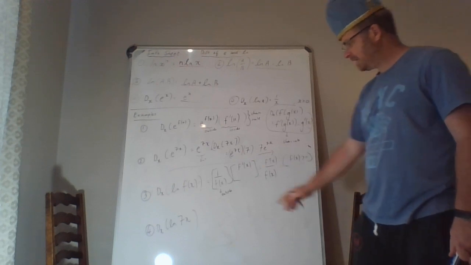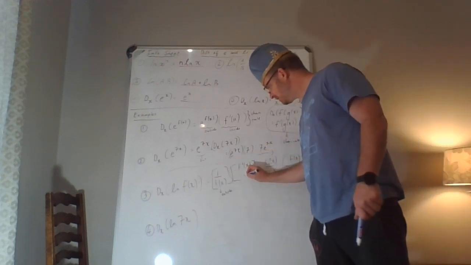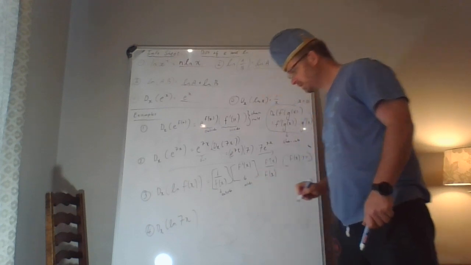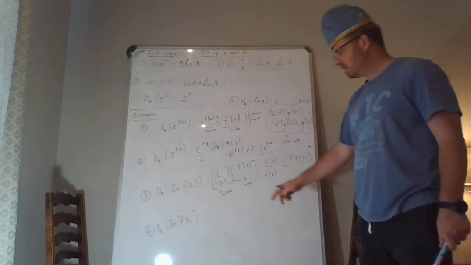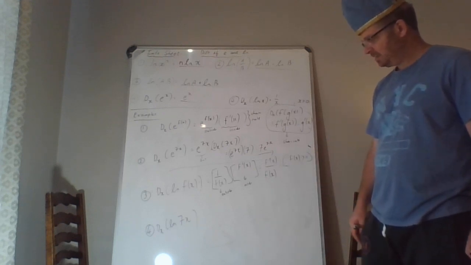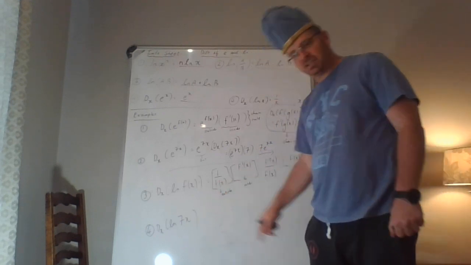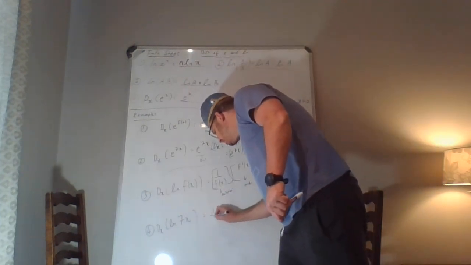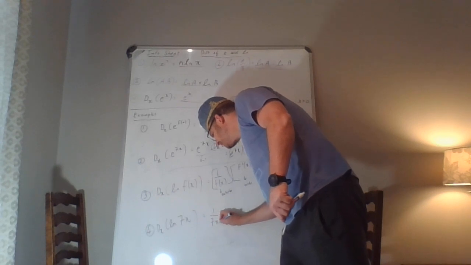So, the derivative of the outside function times the derivative of the inside function. Now, the derivative of ln 7x. Go try that. The derivative of ln of a function is going to be equal to 1 over 7x.